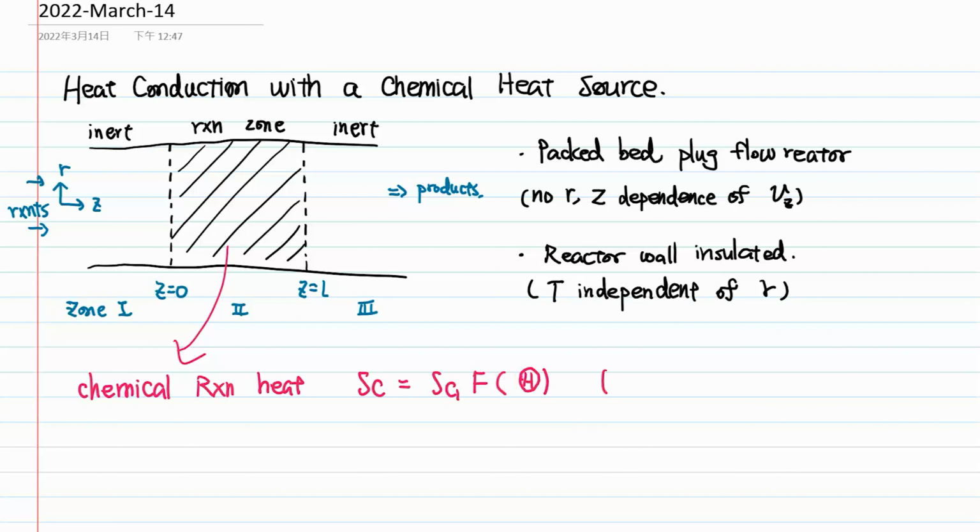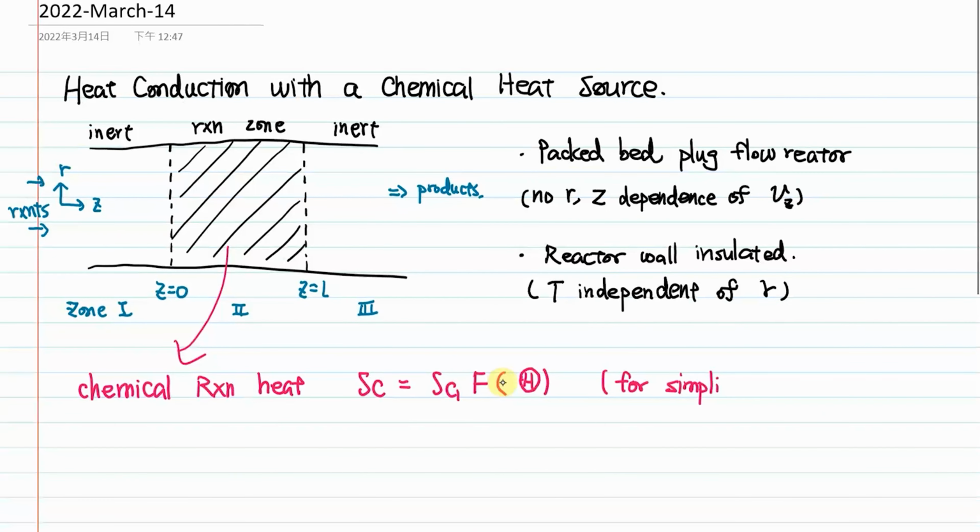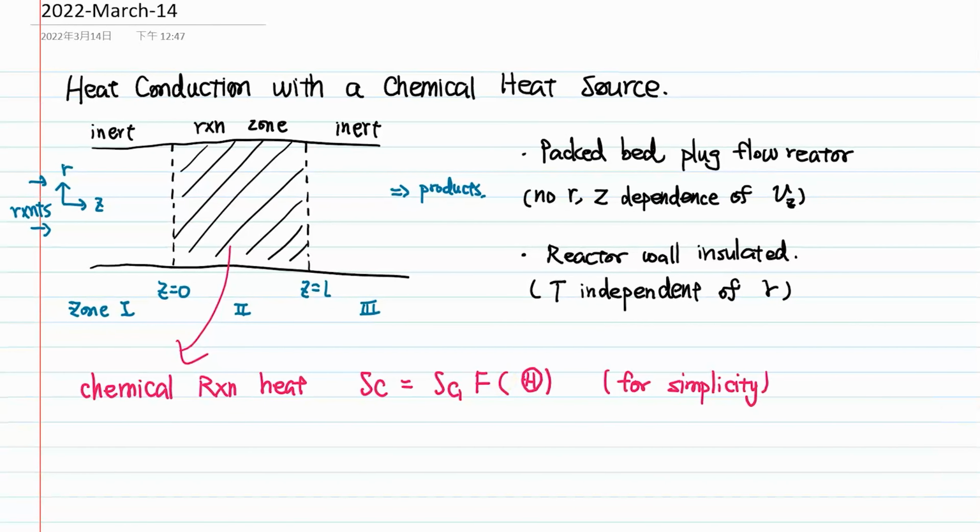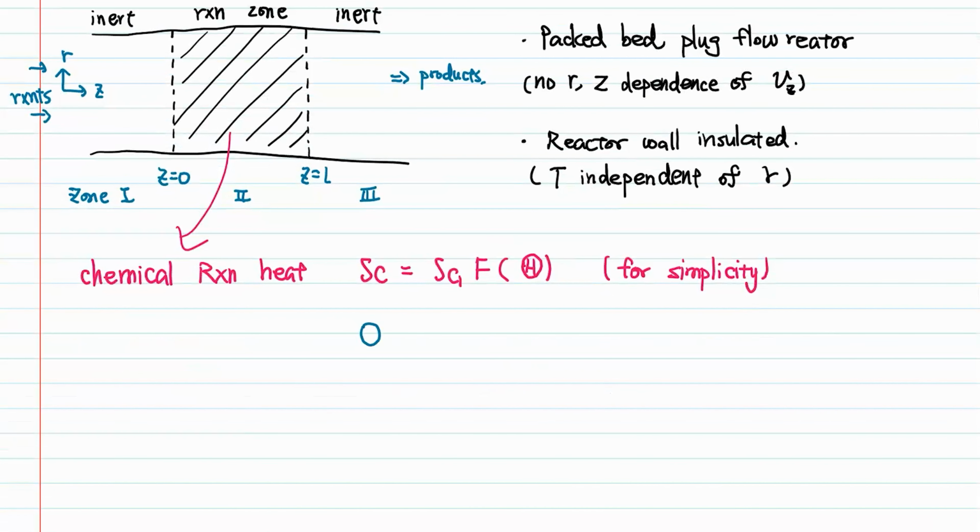Let's say this symbol here, maybe it's called theta, is the dimensionless temperature, which equals (T minus T0) over (T1 minus T0).